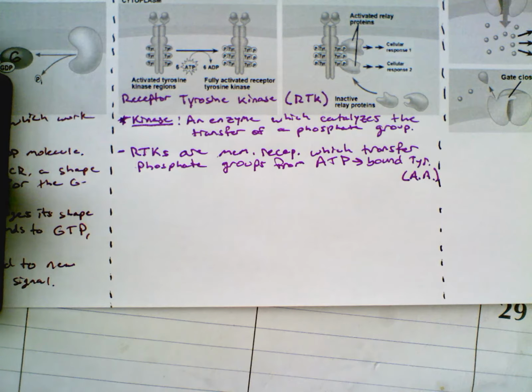So a tyrosine is one of the many amino acids, one of the 22 amino acids that we see. Okay, so let's look at how this works.